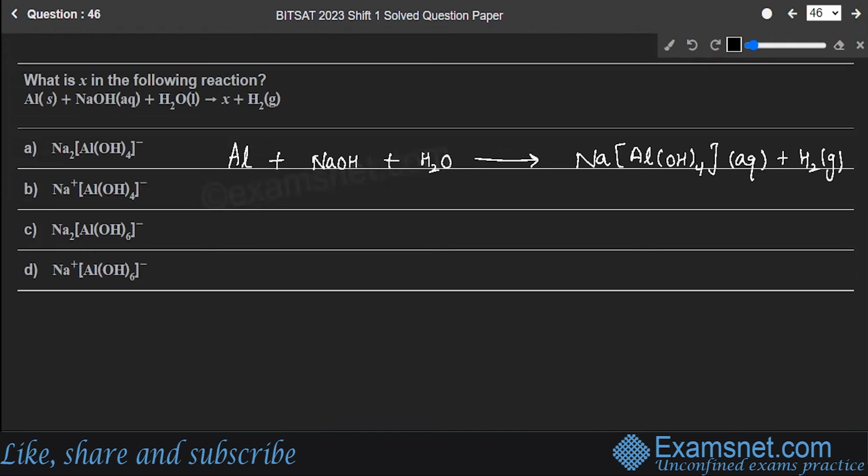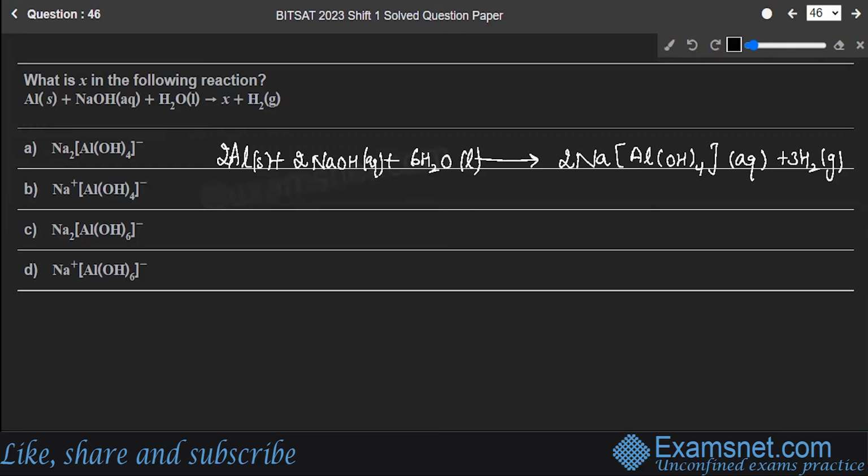Let's do the balancing. Here you have NaOH, H2. This will be 2, 2, 6. This is in the liquid form. This is aqueous and solid form. Here the sodium is 2 and the hydrogen molecules 3.